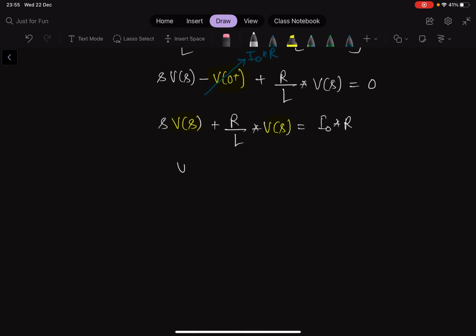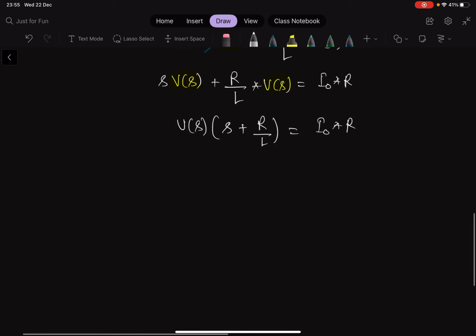So we can take Vs common, and the leftover is s plus R over L equals I naught times R. Then we can send s plus R over L to the other side, and we get Vs equals I naught times R divided by s plus R over L.